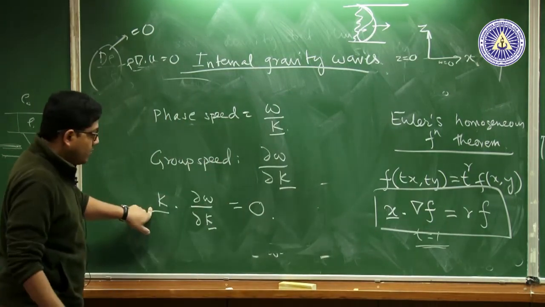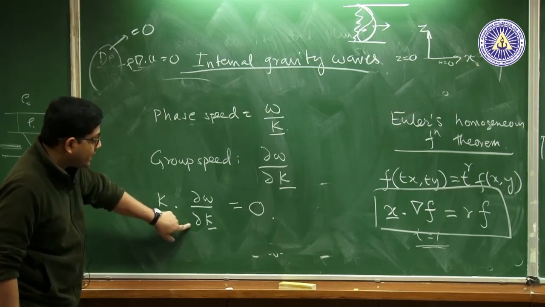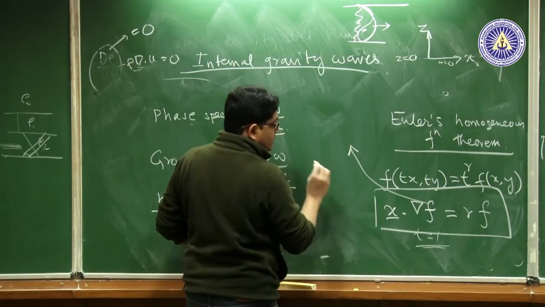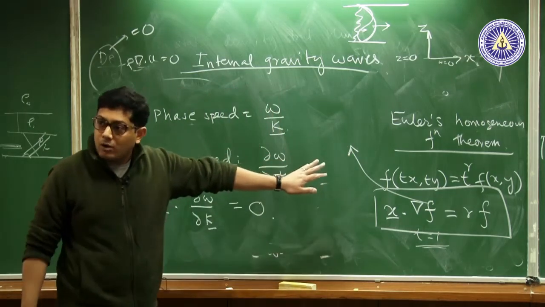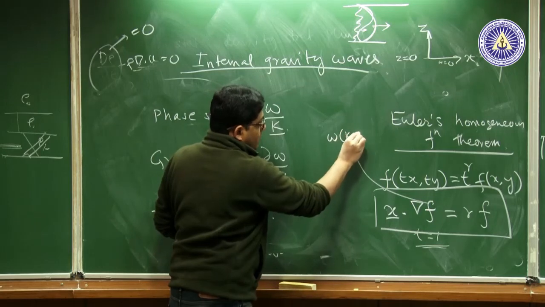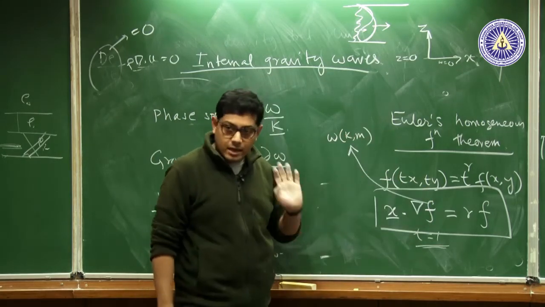You can use the same with x as k and grad f as del omega del k. I am also giving you how to do it. F is omega, a function of k and m. X is k, y is m.